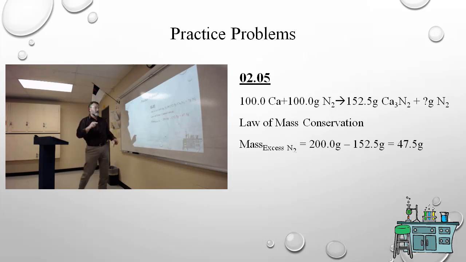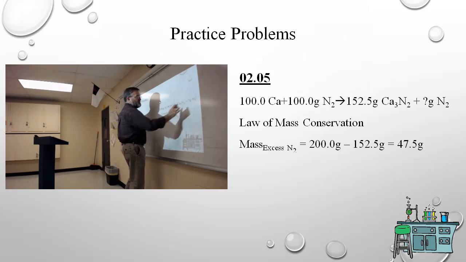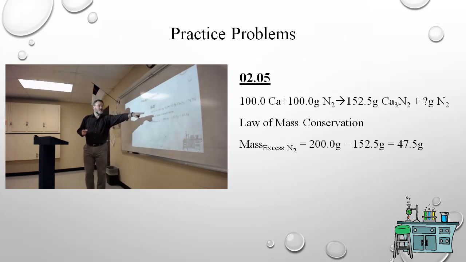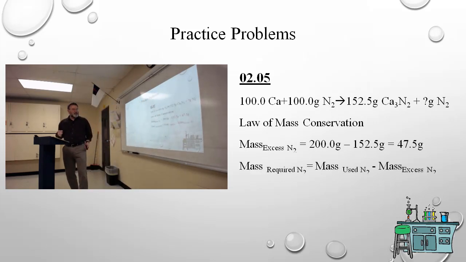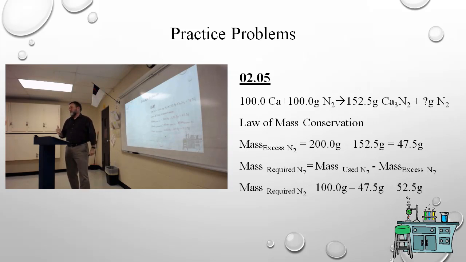Well, we're going to subtract the 47.5 from the initial amount we used of that element, right? We have 47.5 grams too much of nitrogen. And we started with 100 grams of nitrogen. So we need 52.5 grams of nitrogen. Why? Because 100 is 47.5 too much. Okay, so what's 100 minus 47.5?